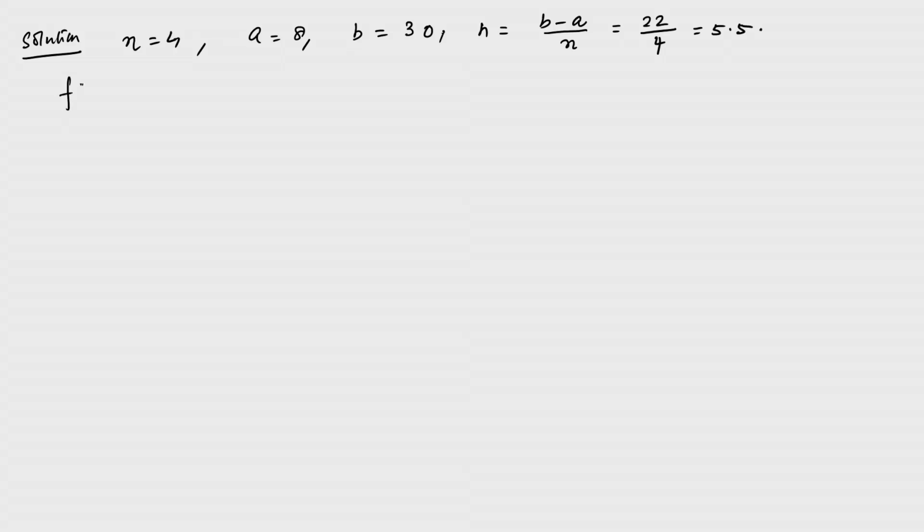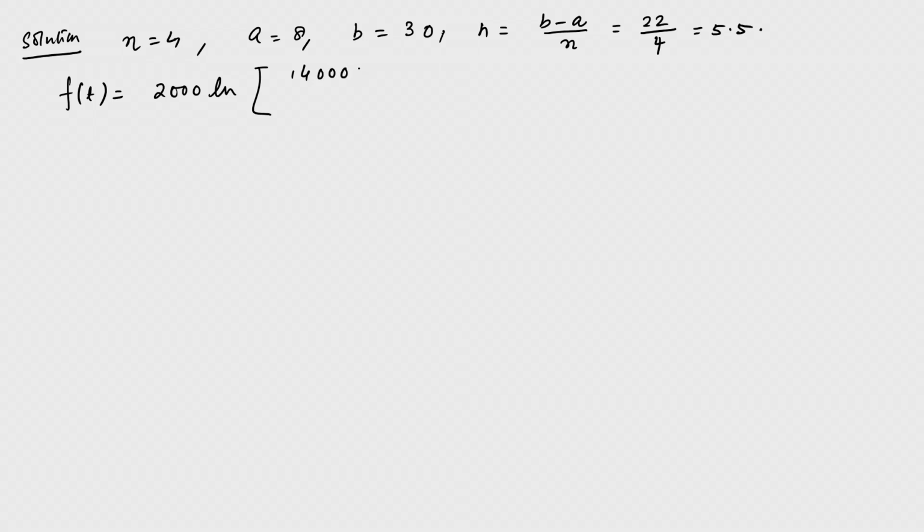And of course, f of t, for reminding ourselves, is a log of 140,000 over 140,000 minus 2100 t, minus 9.8 t.